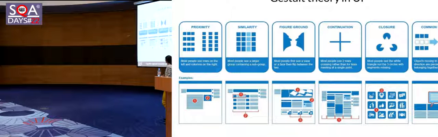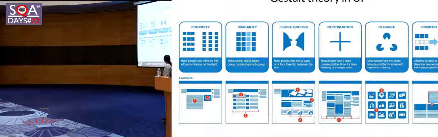So mainly people see here the vase or the faces first, but in the end you can see both figures. It's up to you which comes first, but in the end you can see both of them. And that's specific for websites.